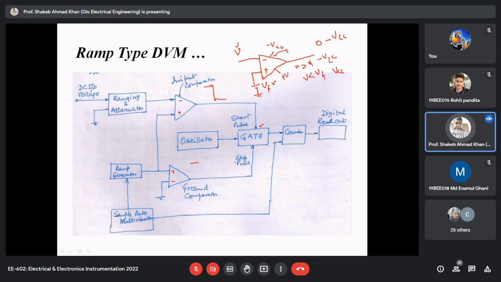At the point where it crosses the ground potential, the ground potential becomes more than the ramp voltage, so it will go to minus VCC. At this instant, your stop pulse will stop the gate, and the gate will not allow the oscillator signal to flow to the counter.